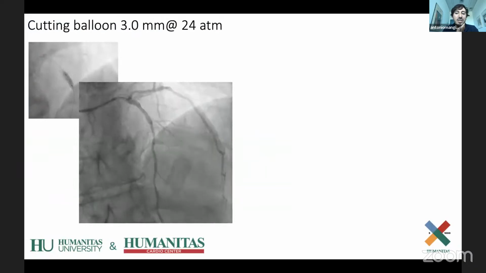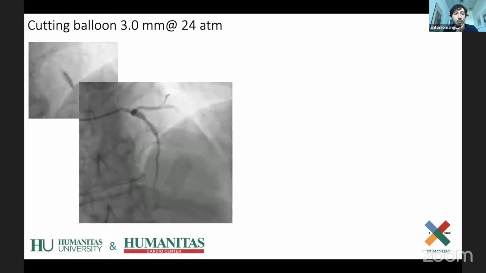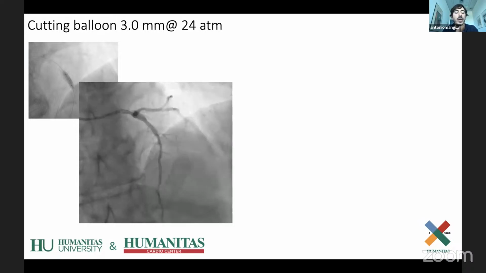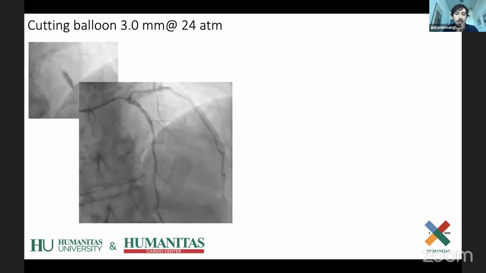This is a COPS trial patient. After non-compliant balloon, I went up with the cutting balloon at 3.0. I want to remark that before we pre-dilated using the 3.5, but in this case, to go to higher pressure, we downsized the cutting balloon and went up with the 3.0.